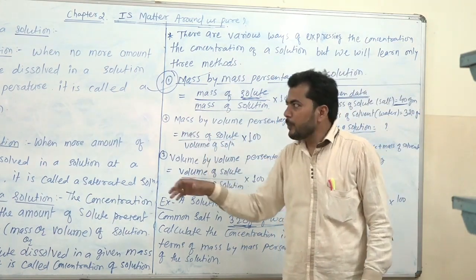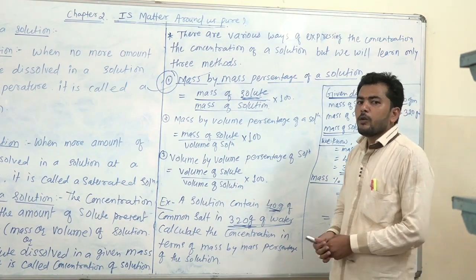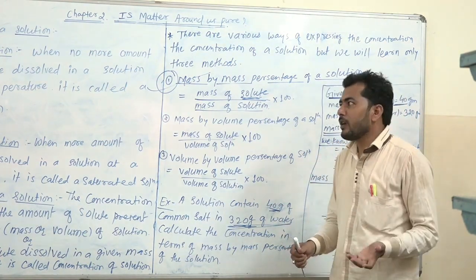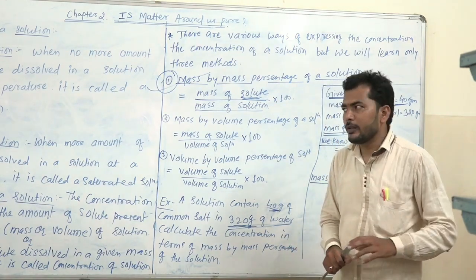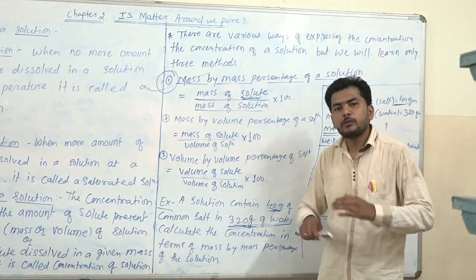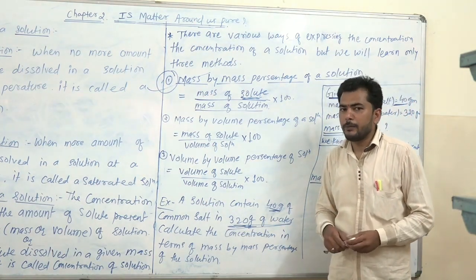In this part we saw the saturated solution. Saturated solution means no more solute can be dissolved in a solvent at a given temperature. Unsaturated means we can add solute into the solvent at a given temperature.